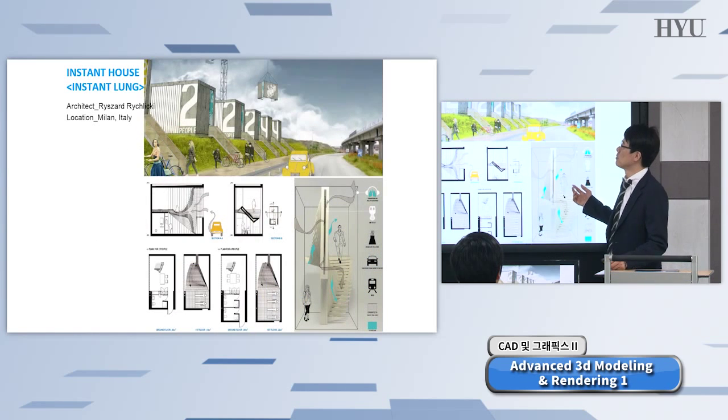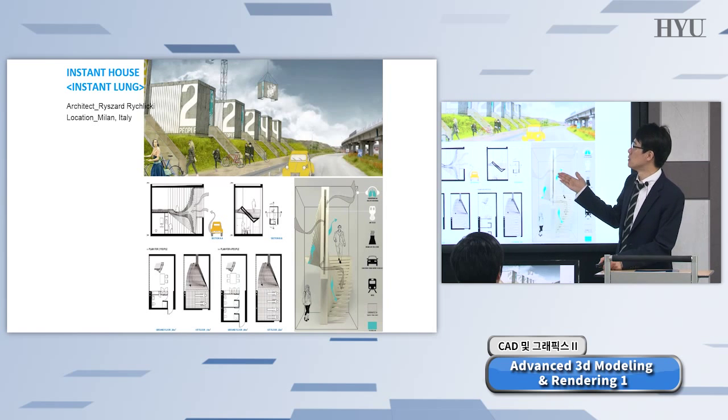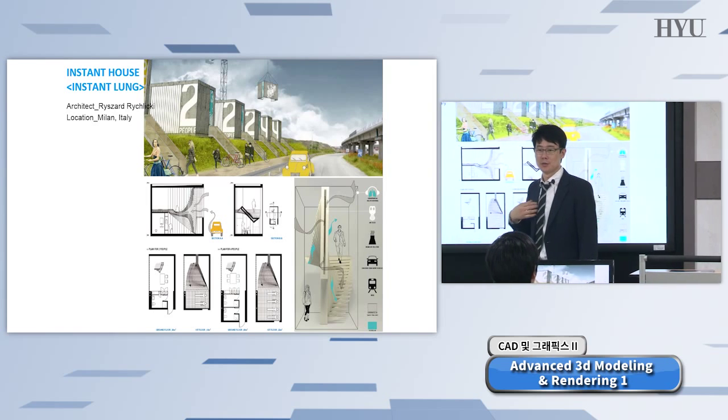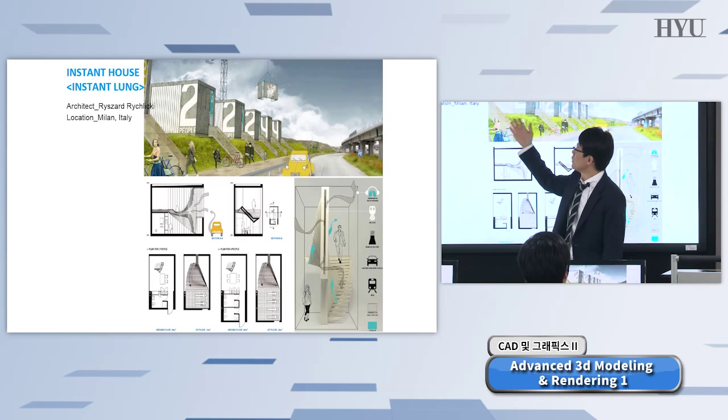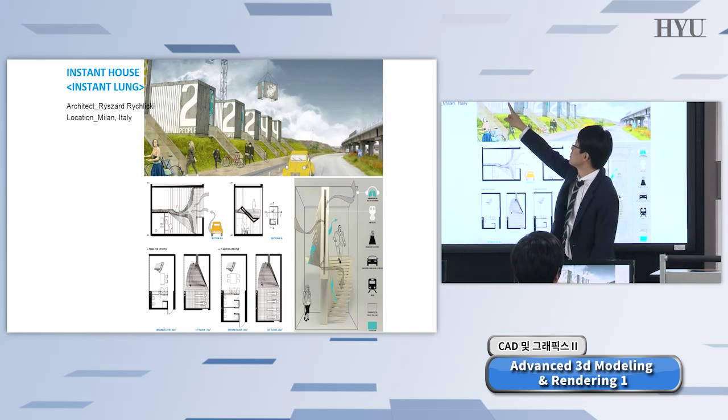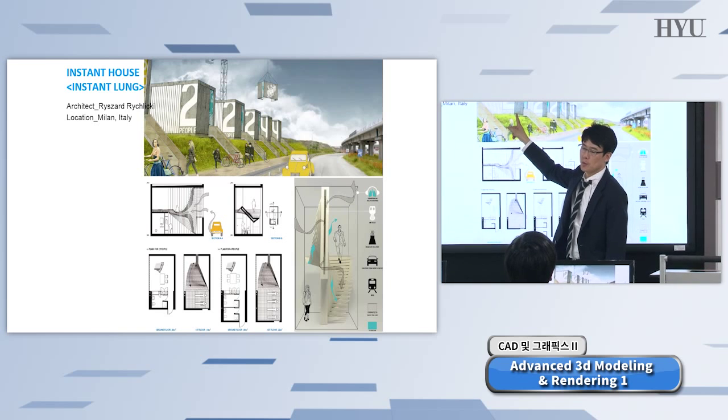Another module system is named Instant House, and its subtitle is Instant Lung. You know what a lung is, right? Lung cancer because of smoke. Anyway, Instant House, if you see this number, 2 people.